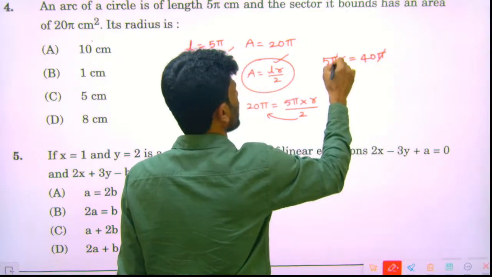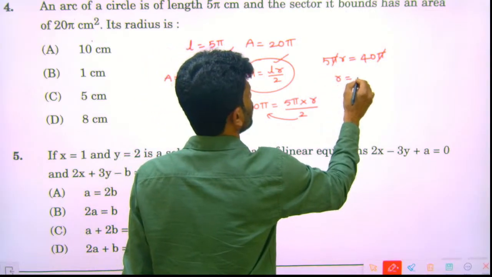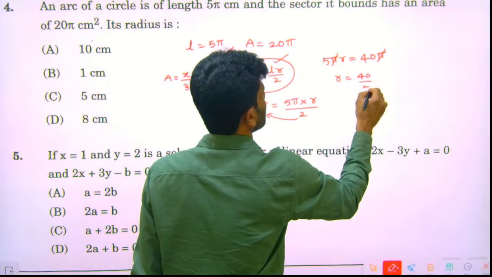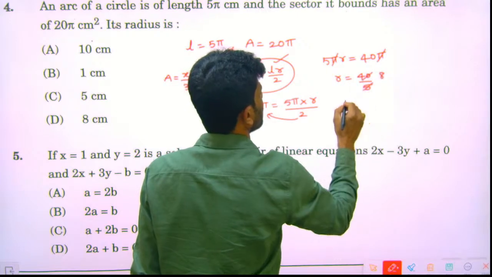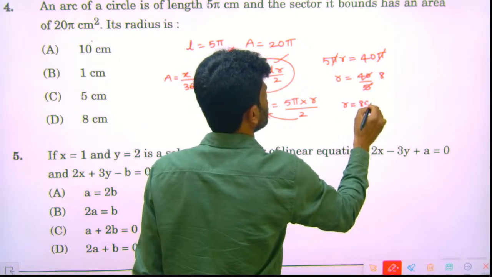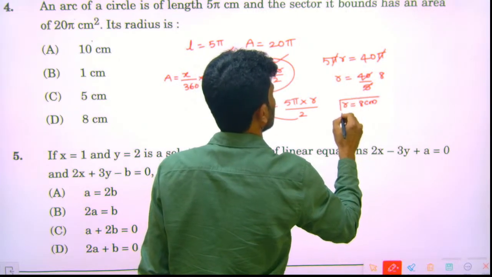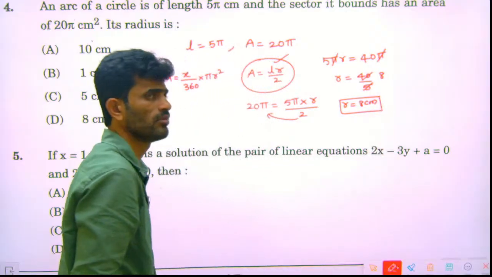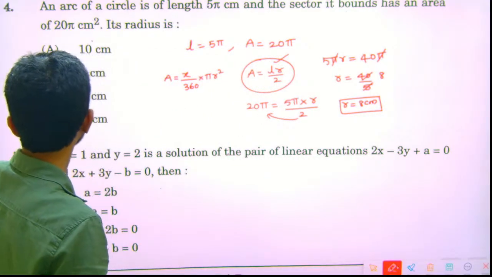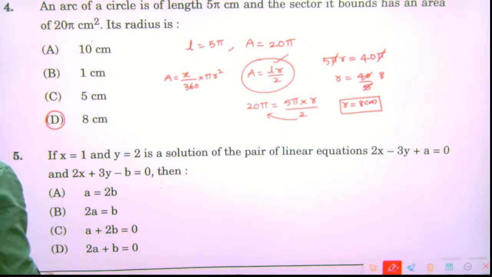We can cancel pi, then R is equal to 40 by 5, which is R is equal to 8 centimeters. Which option? Option D is correct.